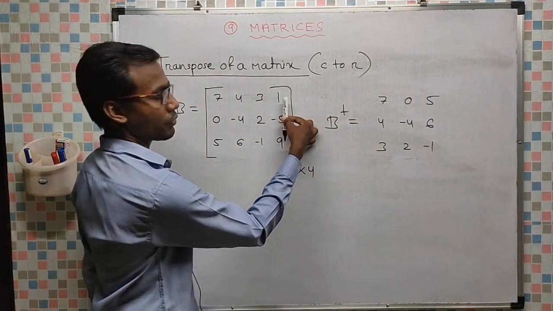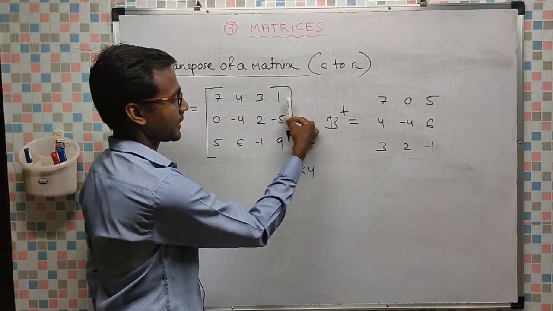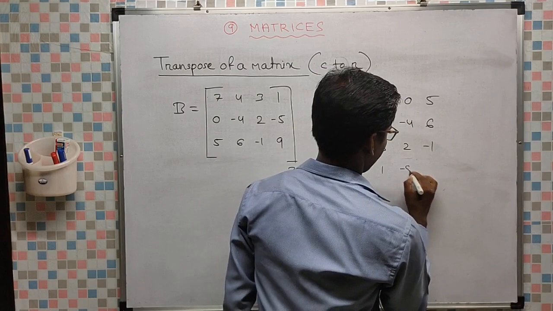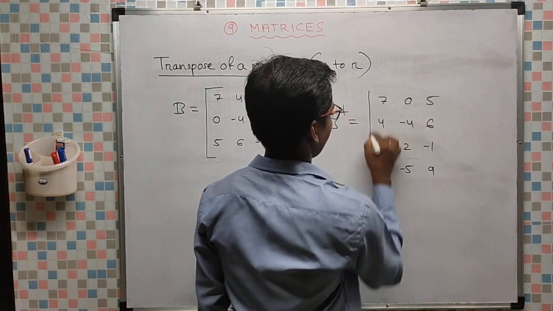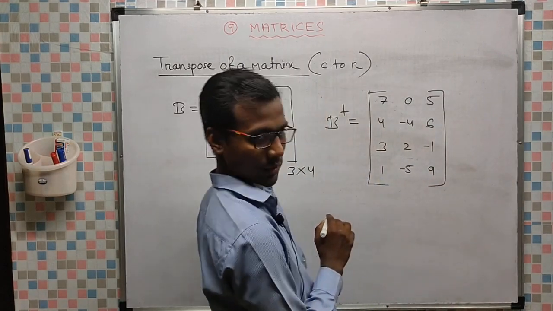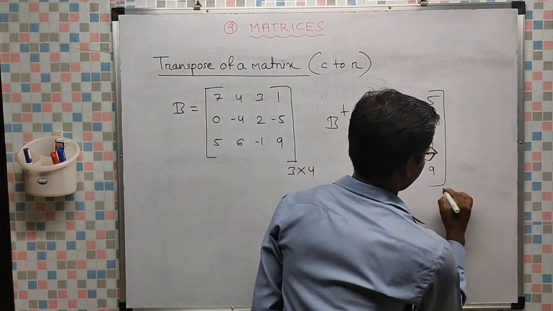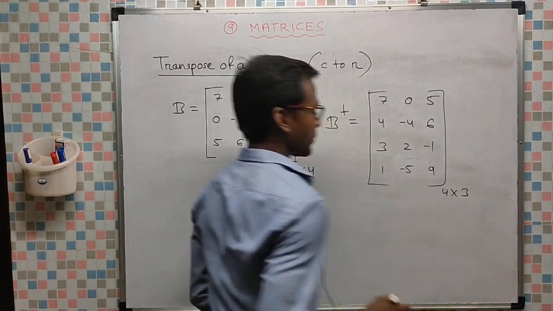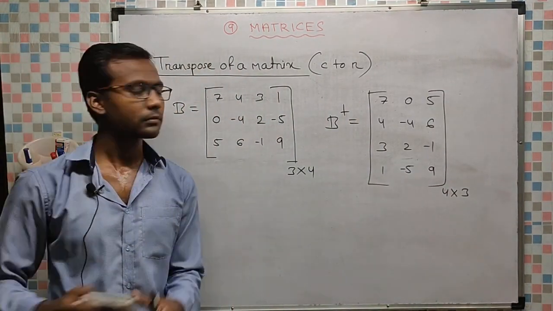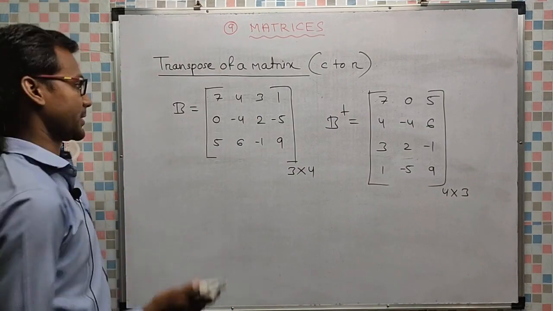This is the fourth column, 1 minus 5 9, make it the fourth row, 1 minus 5 9. So this is B transpose. Its order, as you can see, there are 4 rows and 3 columns. Okay, I hope you are able to understand. This is transpose of a matrix.